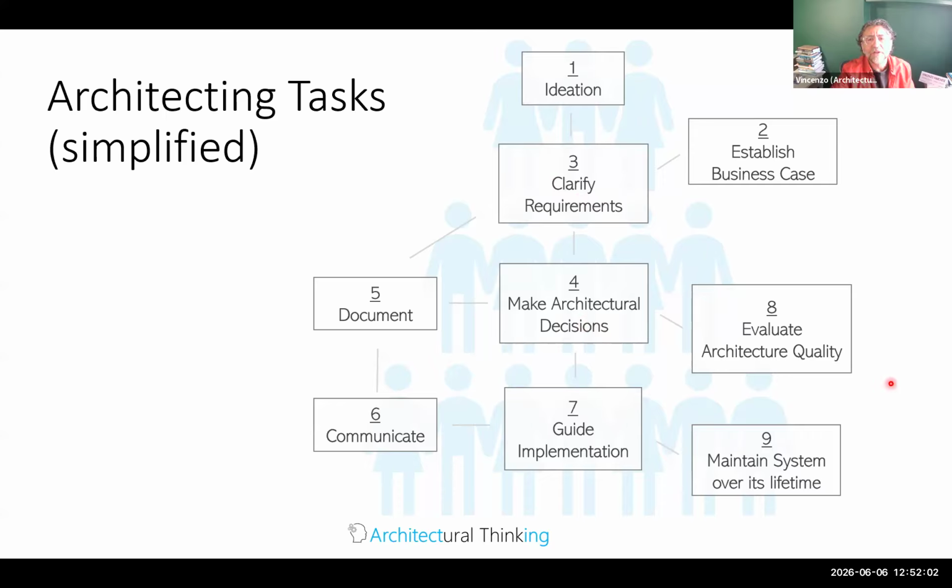But of course, the spectrum of tasks is much broader. I talk about architecting tasks because it doesn't mean that all these tasks are performed by people that have an architect job title. I see architecting as a discipline that is performed by people in organizations, from the CIO to engineering and support engineers.